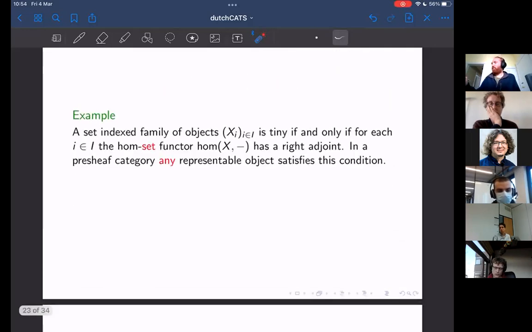For example, a set-indexed family of objects is tiny precisely if each hom set functor, for each x_i, has a right adjoint. If we're working in a category which is locally presentable, this is the same as the hom set functor preserving colimits. And in the presheaf category, any representable object satisfies this condition.